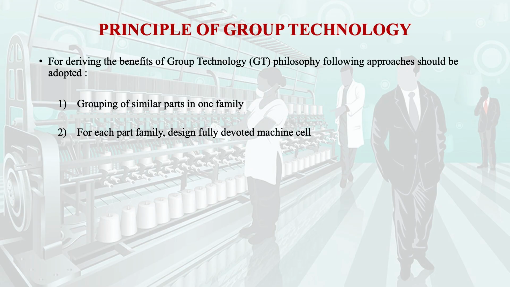So what we do in group technology, we identify the similar parts, we identify the machine cell. So if the parts are coming, they directly go to the machine cell. In this way, we are trying to minimize the inter-cell movement.